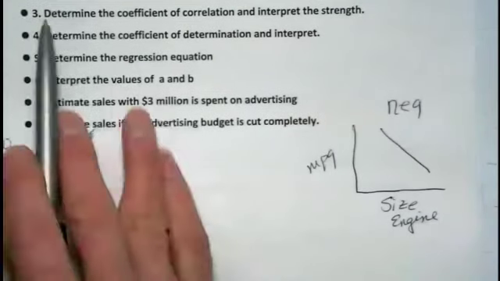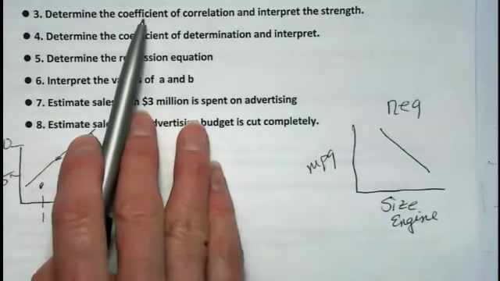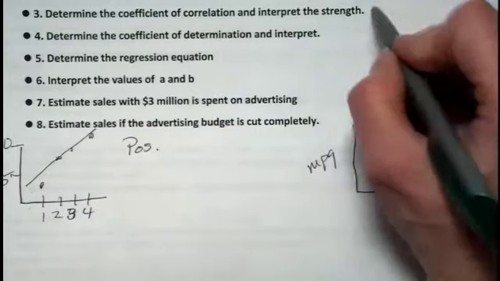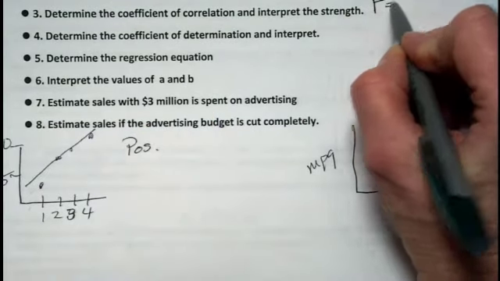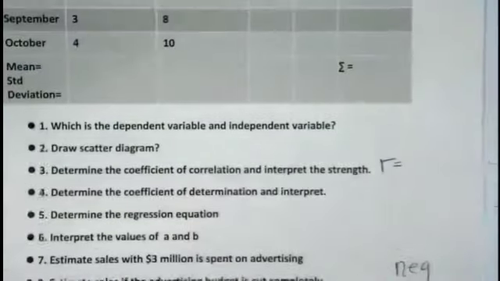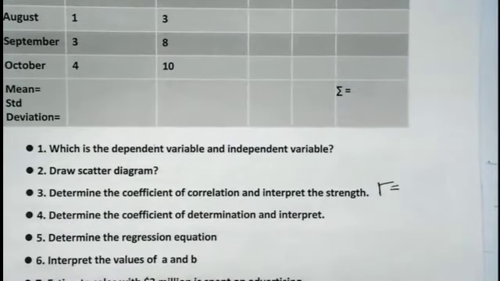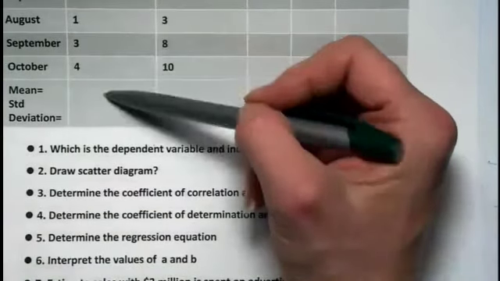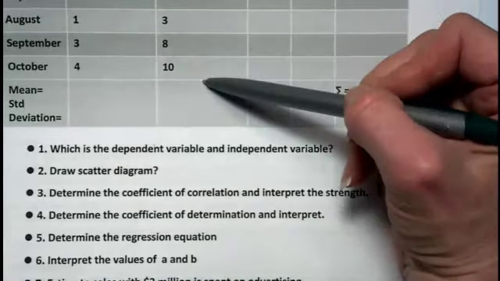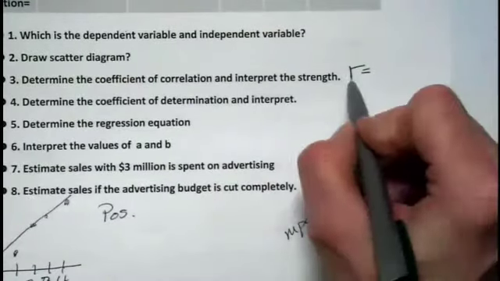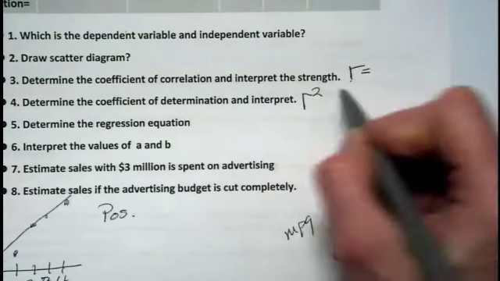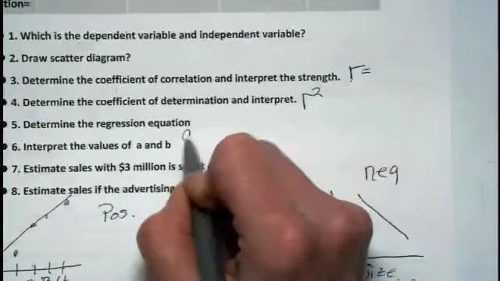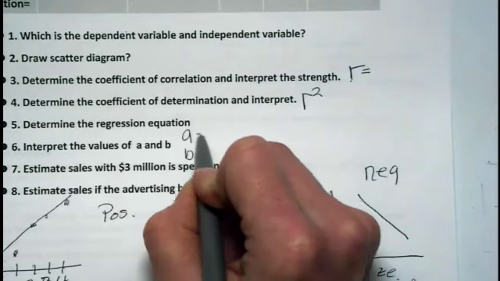We want to determine the correlation coefficient. That is R. So I want you to spend a couple of minutes, empty out your calculator. Put the X variable in, the Y variable, and calculate R squared, A, and B.